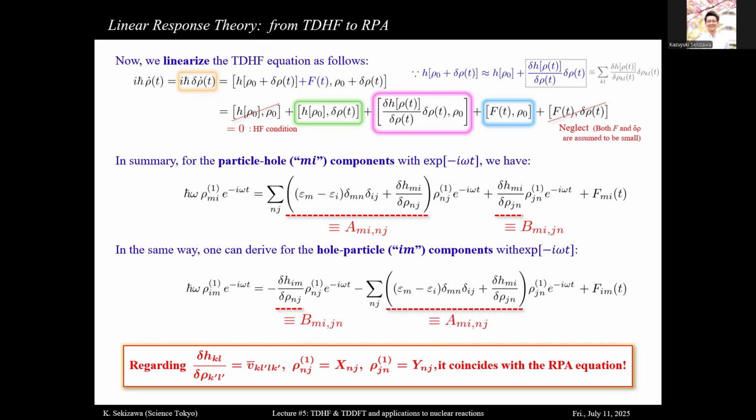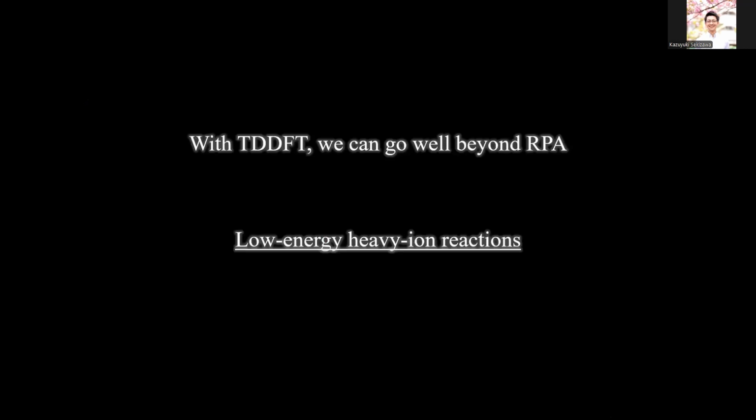So the TDHF actually contains the RPA in the small amplitude limit, but we can go further. We can release this linear response condition, and we can describe any non-perturbative, large amplitude or violent dynamics using the TDHF equation. Okay.